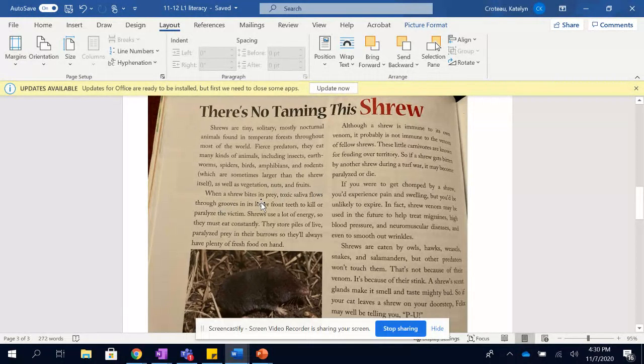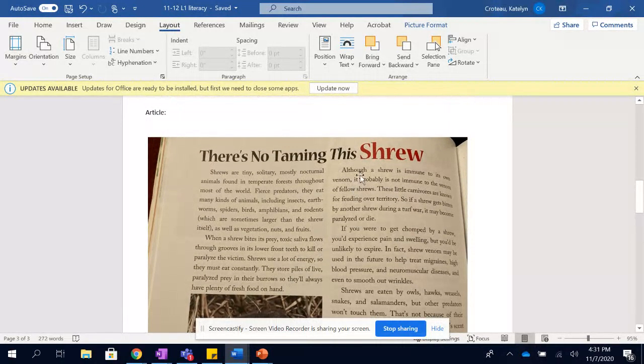When a shrew bites its prey, toxic saliva flows through the grooves in its lower front teeth to kill or paralyze the victim. Shrews use a lot of energy, so they must eat constantly. They store piles of live, paralyzed prey in their burrow, so they'll always have plenty of fresh food on hand.